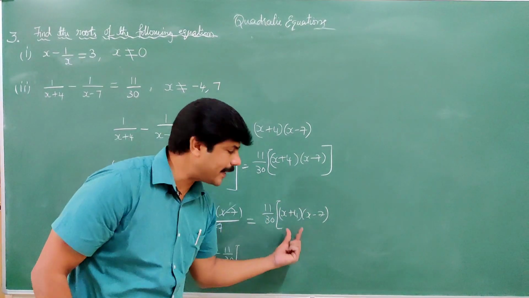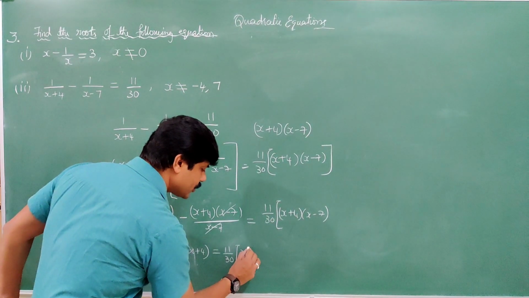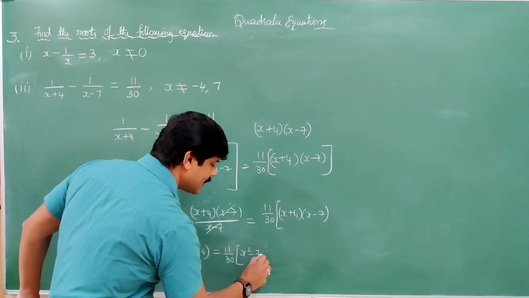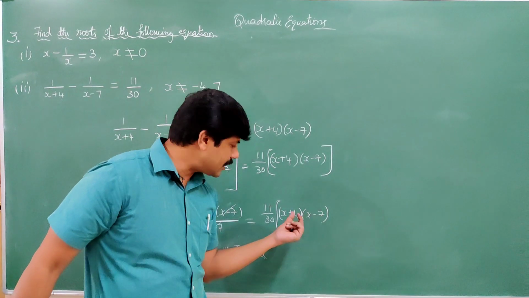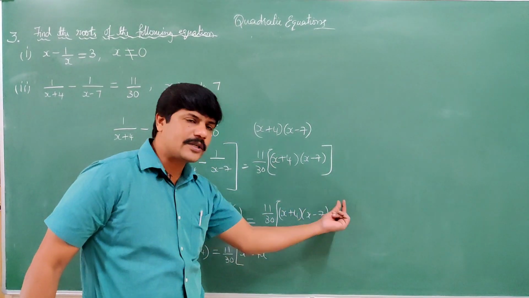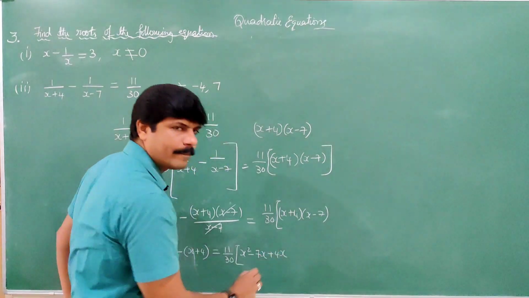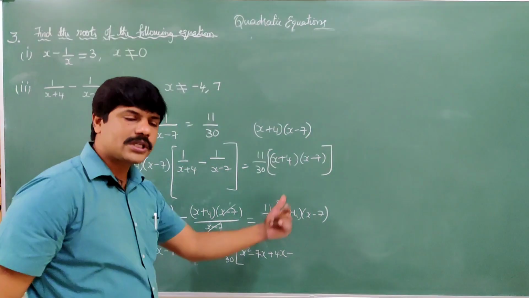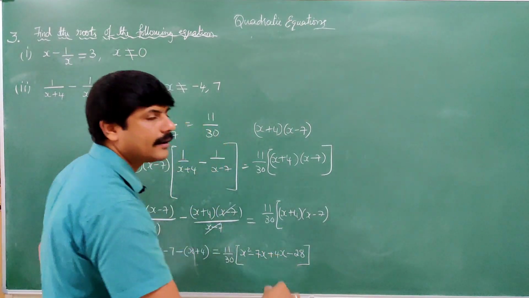Now multiply binomial with binomial: x into x is x squared, x into minus 7 is minus 7x. Finished multiplying x with x minus 7. Now multiply plus 4 with x minus 7. Plus 4 into x is plus 4x. Plus into minus is minus, 4 sevens are 28, and close the bracket.